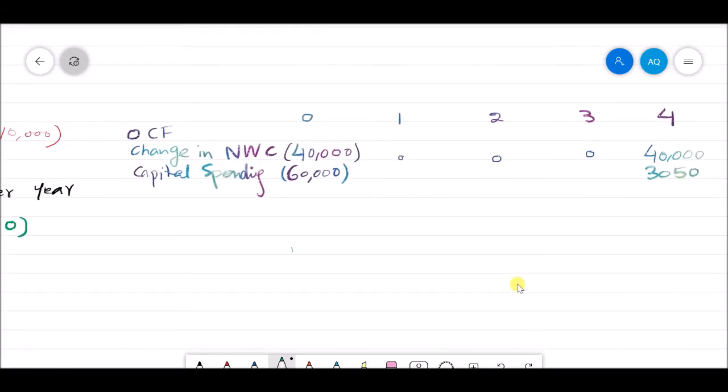If we come back to this table, we don't know our operating cash flow because we will get it only if we know the sales, and sales is the thing we want to know because that is the price on which we will bid. So these operating cash flows are unknown. We don't know the operating cash flows of each year.